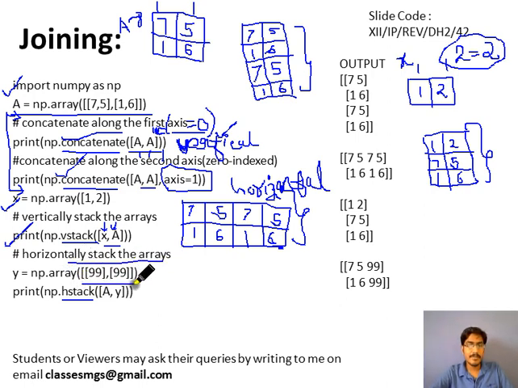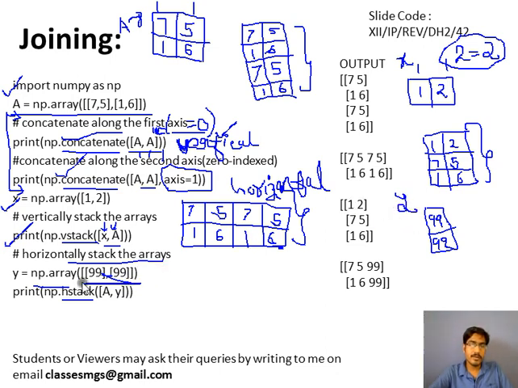Now we have the array called y array, created using np dot array. This is an example of np dot array creation. So it will create an array like this. It will have 99, and this is the y array.